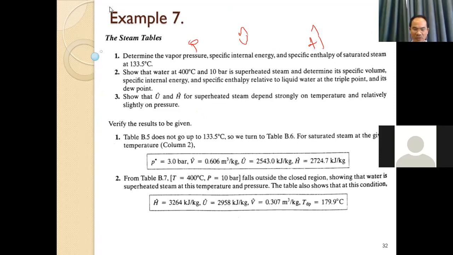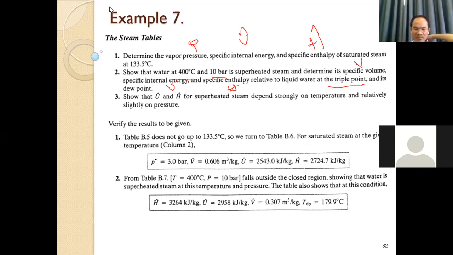The second one shows water at 410 bar, which is superheated, and determine the volume, U and S of the liquid relative to the triple point. For this case, relative to the triple point, you can calculate it from the steam table, because the steam table is referring to the triple point already.